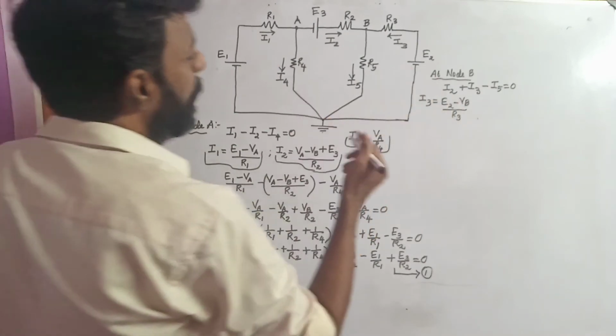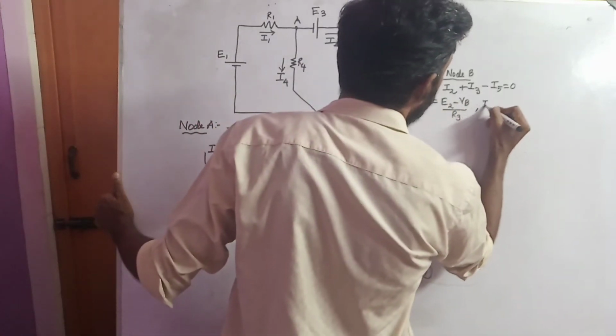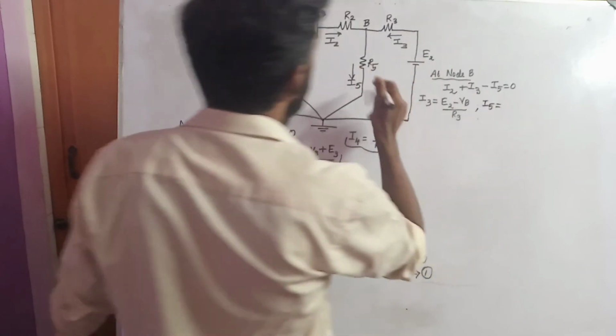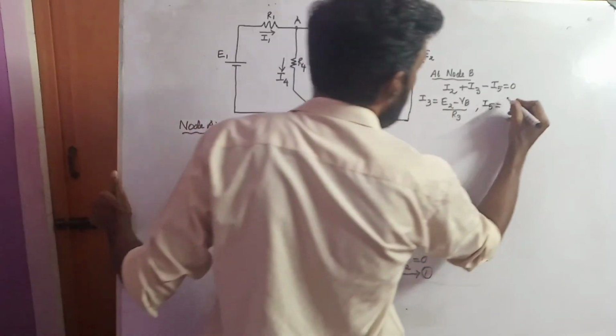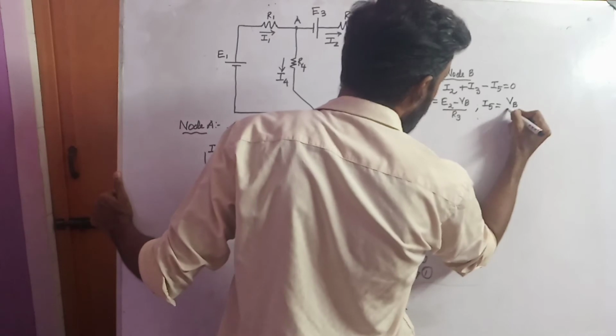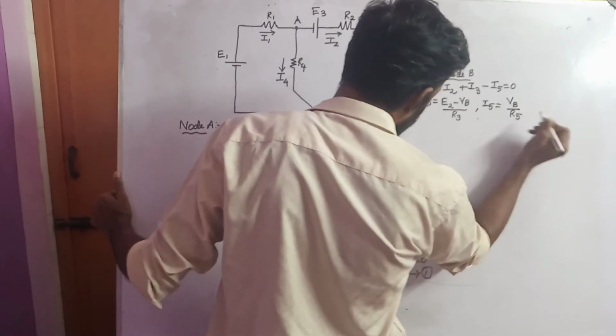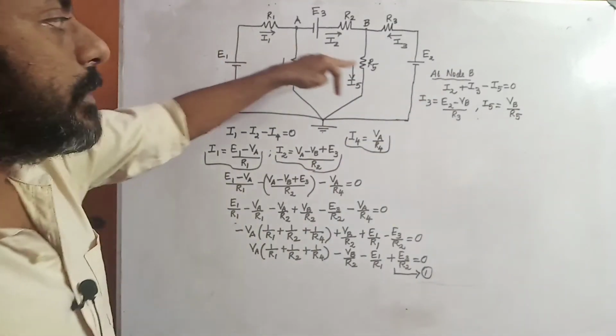What is I5? I5 will be VB divided by R5.